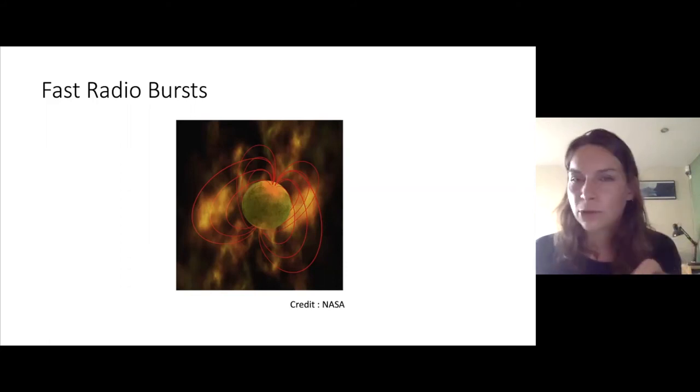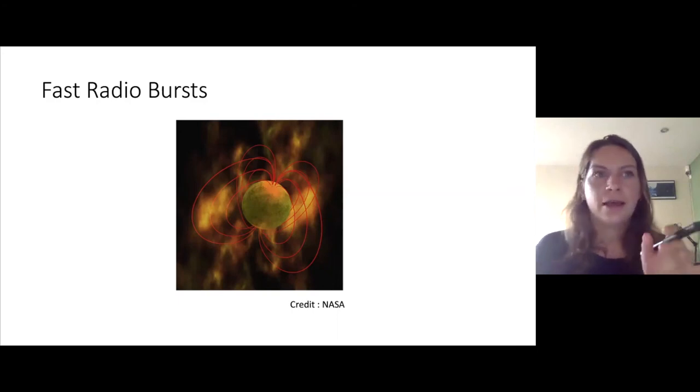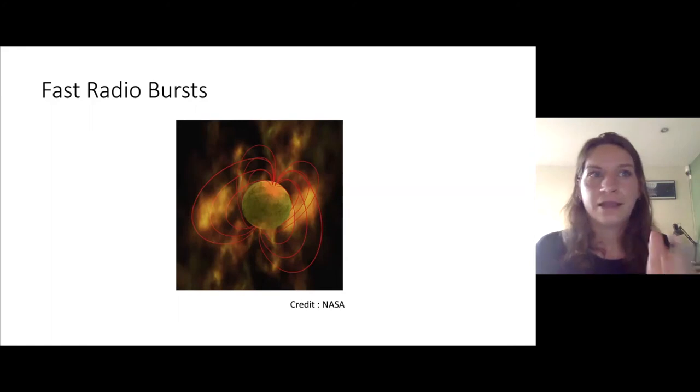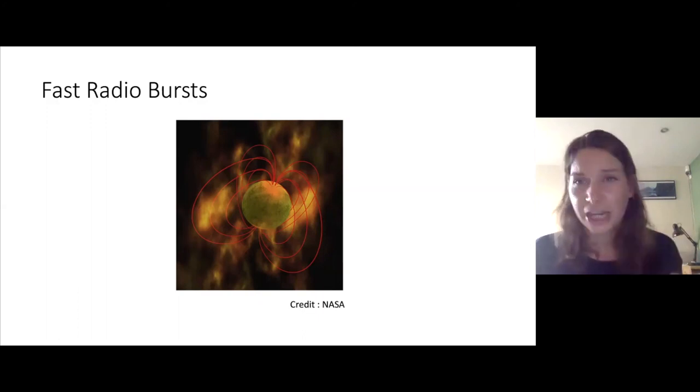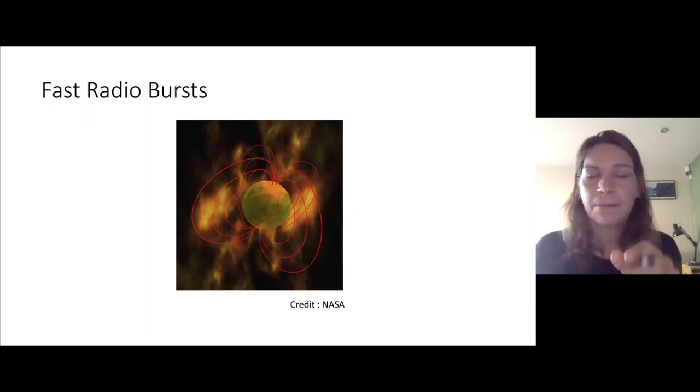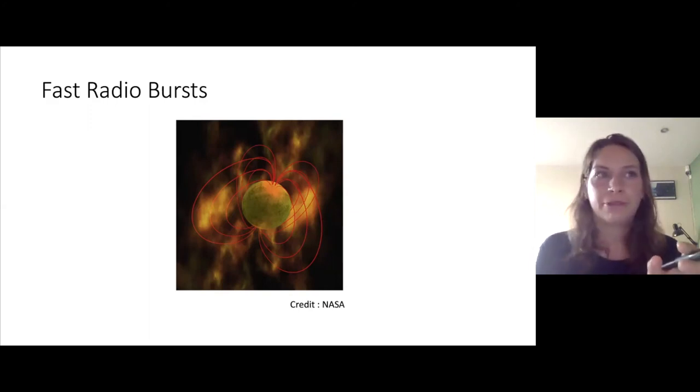And this is caused by some kind of high energy astrophysical process that we don't even understand. The average single burst in a millisecond releases as much energy as the sun does in 3 days. So in 1 millisecond, we've got the same amount of energy as the sun in 3 days.